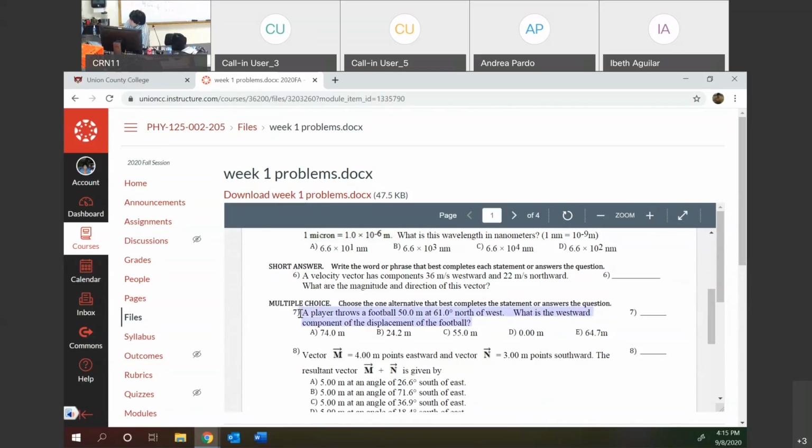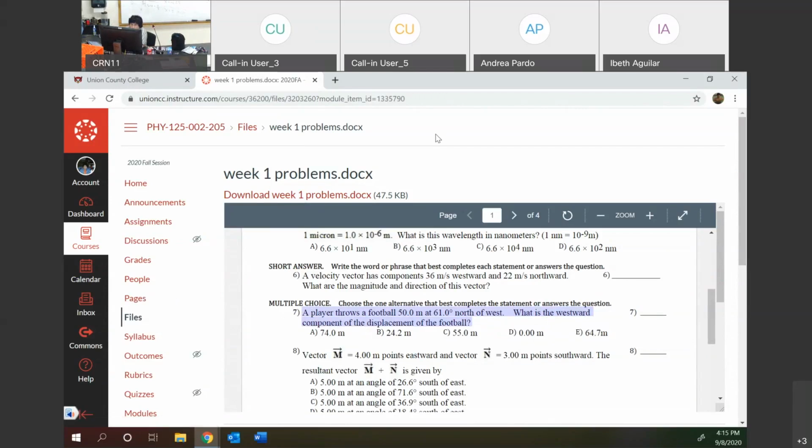Right? Let's try to do this so we can start going into motion. Chapter 1. So it says there, a player throws a football 50 meters at 61 north of west. What is the westward component of the displacement? All right.